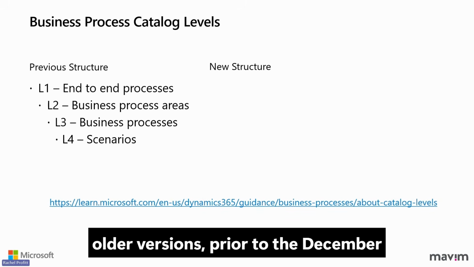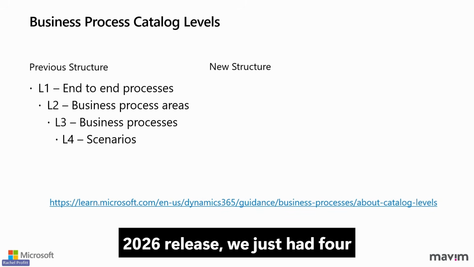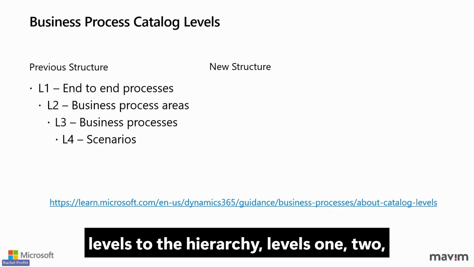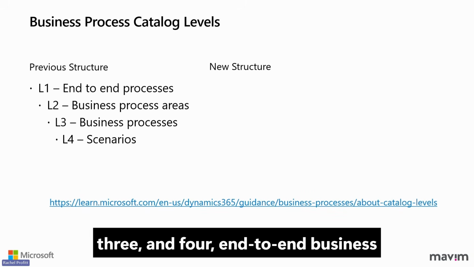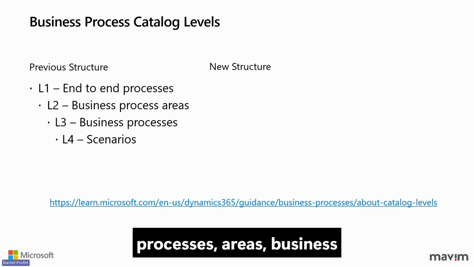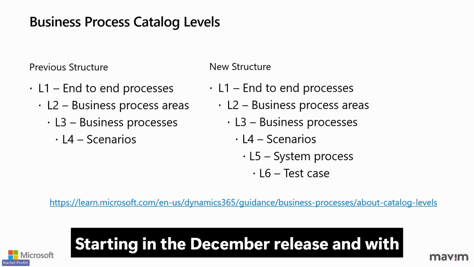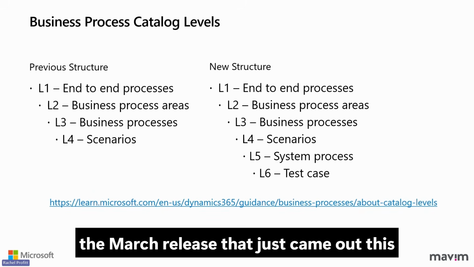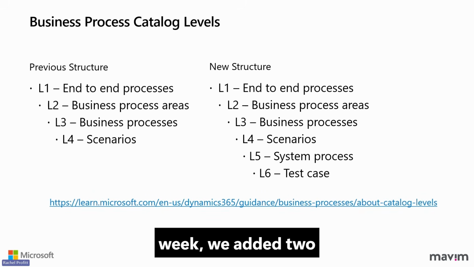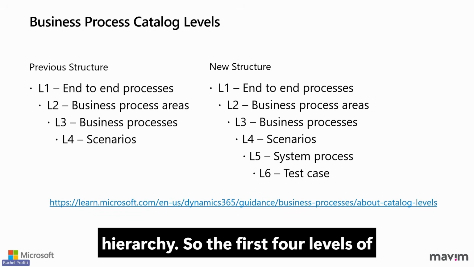In older versions prior to the December 2026 release, we just had 4 levels to the hierarchy: levels 1, 2, 3, and 4, end-to-end business processes, areas, business processes, and scenarios. Starting in the December release and with the March release that just came out this week, we added 2 additional levels to this hierarchy.